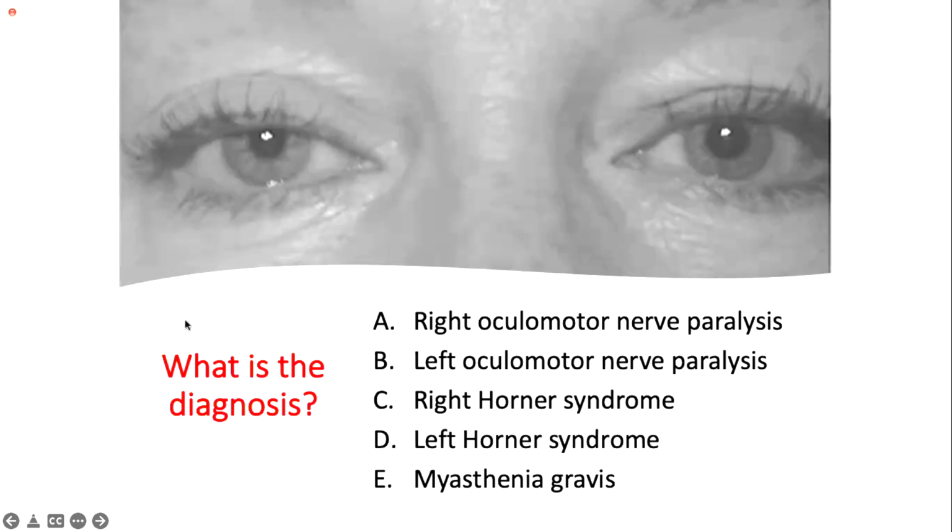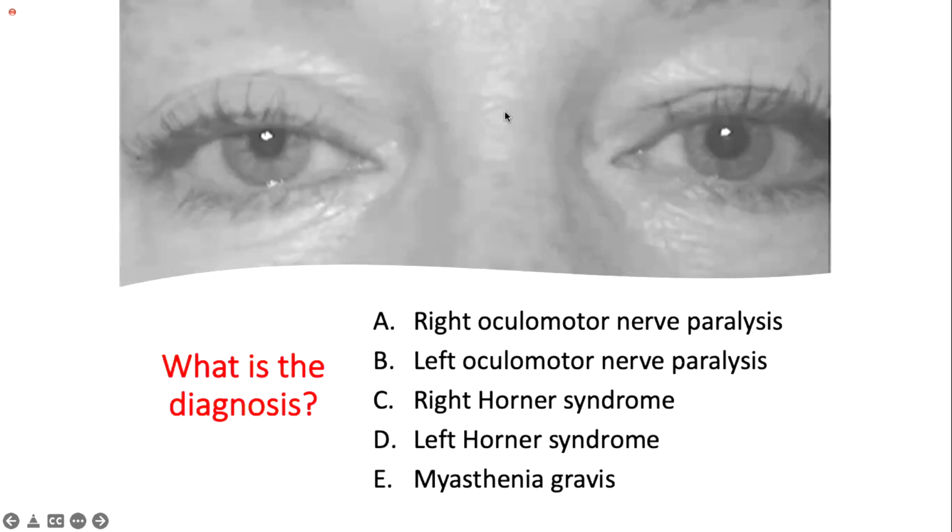Right. So how do we differentiate? So what do we notice here? Anyone? Ptosis of the right eyelid, partial ptosis of the right eyelid, and miosis of the right eye.